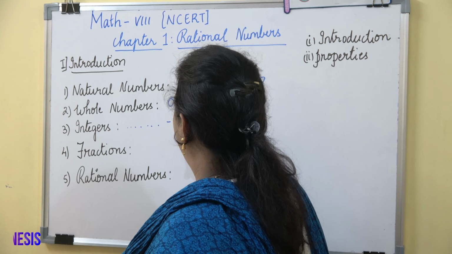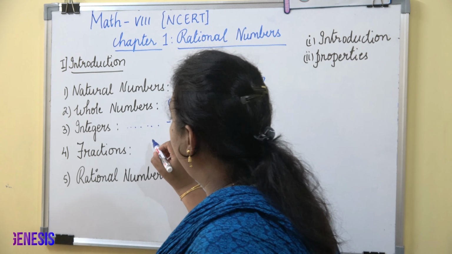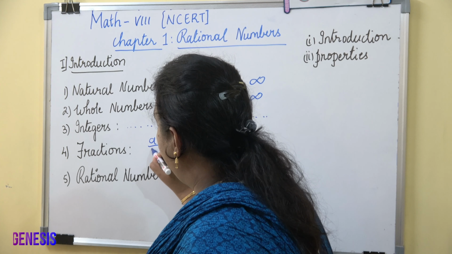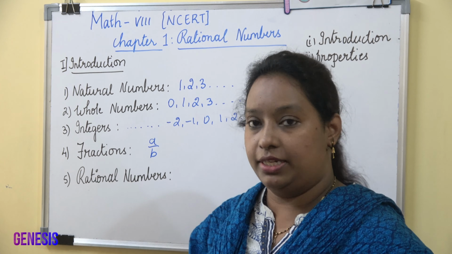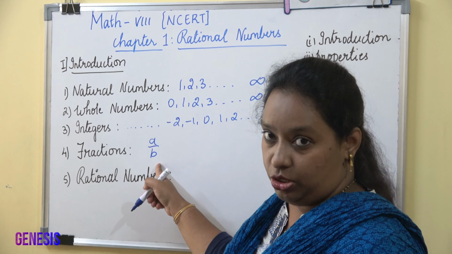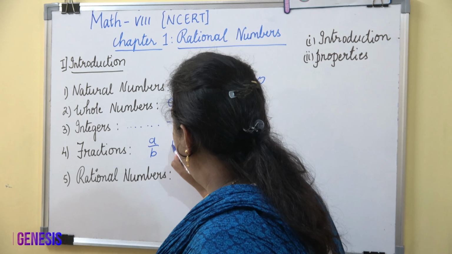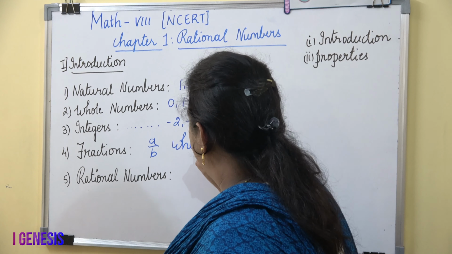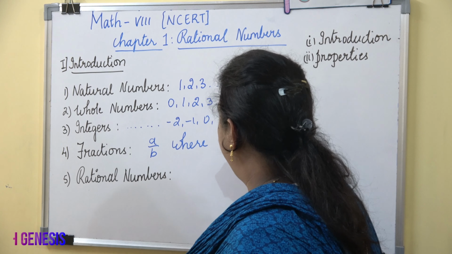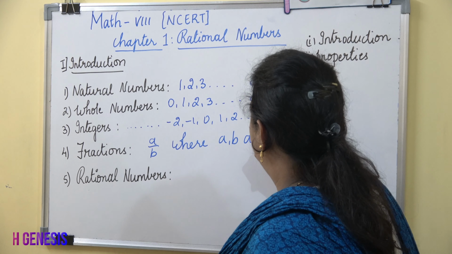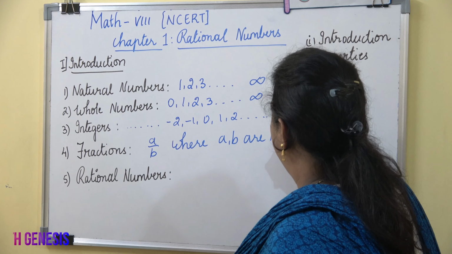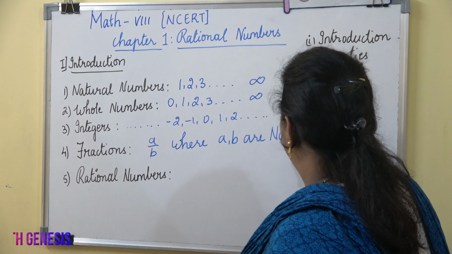Next comes the concept of fraction numbers. What are fraction numbers? Fraction numbers have a numerator as well as a denominator. So they are in the form a by b, where this is the numerator and this is the denominator, and a, b are natural numbers.